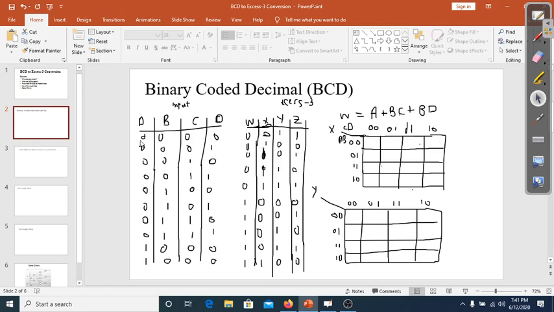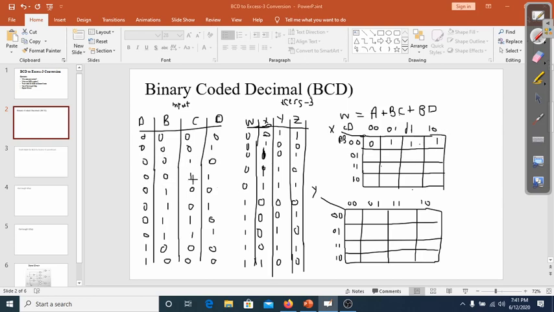So when I have the combination 0 0 0 0, the output is 0. When 0 0 0 1, in this case the output is 1. For 0 0 1 0, the output is 1.